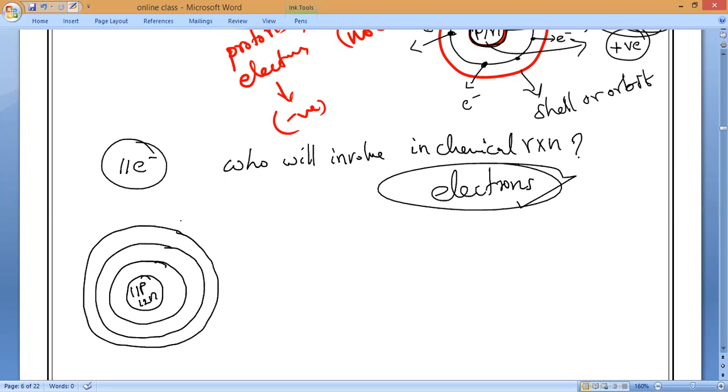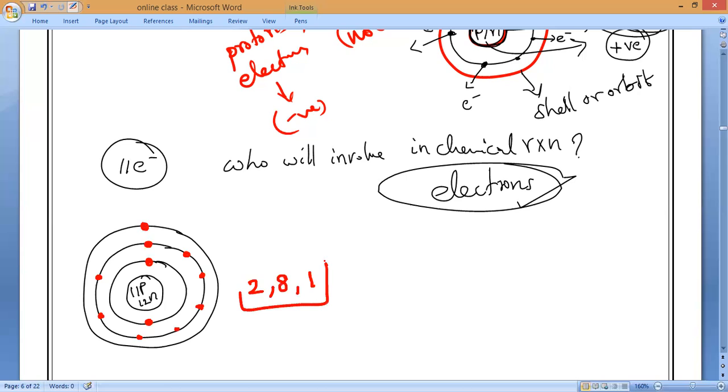The first shell has how many electrons? I already taught you, correct? 2 electrons. The second shell has 8 electrons, and the third shell has only 1 electron. So what is that electron arrangement? 2, 8, 1.